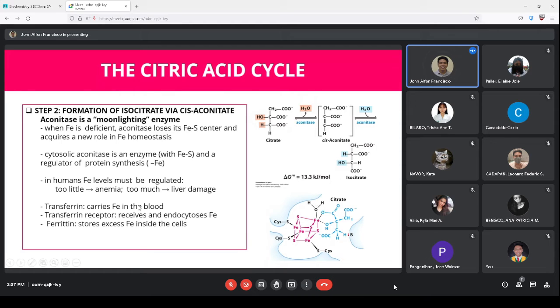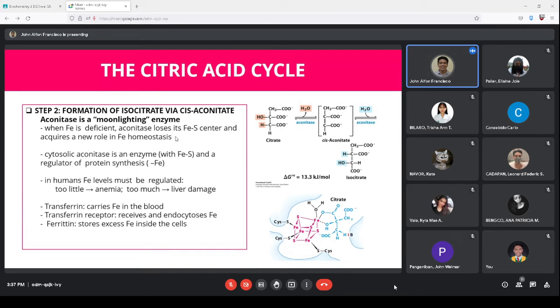sa citrate mo. When iron is deficient within the system, aconitase loses its iron sulfur center and acquires a new role in iron homeostasis. Okay? So cytosolic aconitase is an enzyme with iron and sulfur and a regulator of protein synthesis. In humans, iron levels must be regulated.